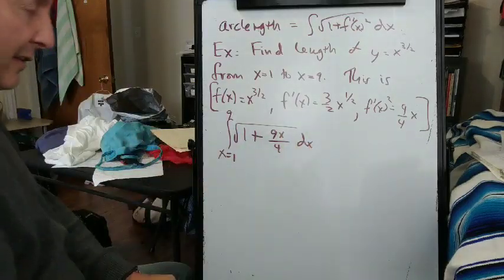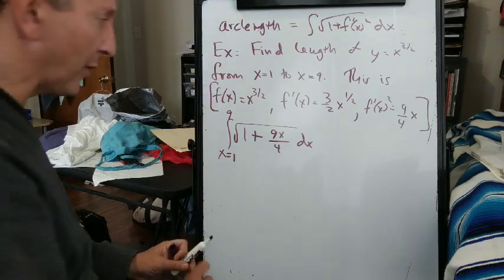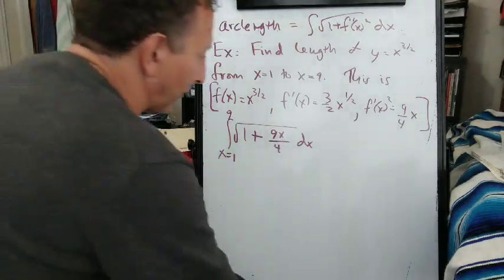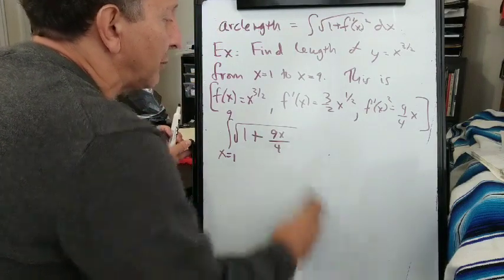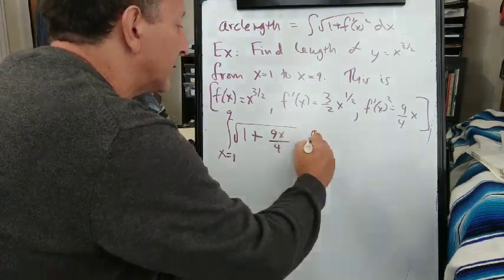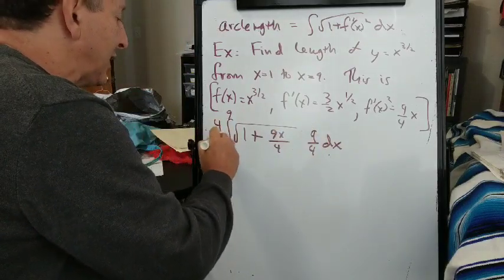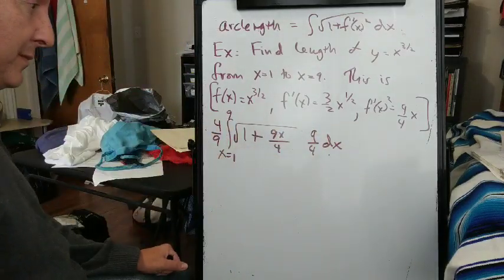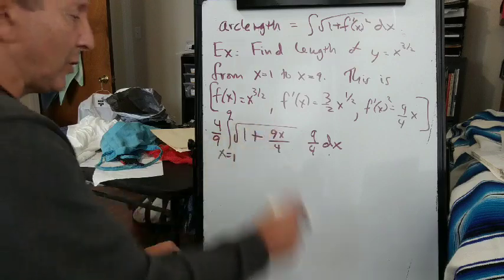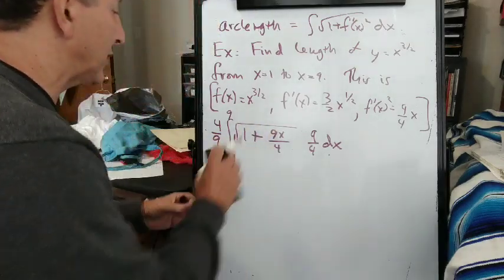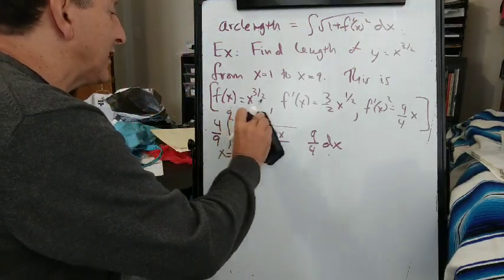Alright, what's on the inside of the square root has a derivative of 9/4. So I kind of wish I had 9/4 dx here. So I will put 9/4 dx here and multiply by 4/9 on the outside so that I'm not changing the problem. Then this is 1 plus 9x over 4 to the 1/2 power.